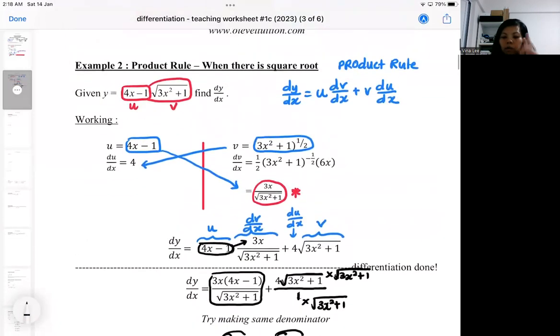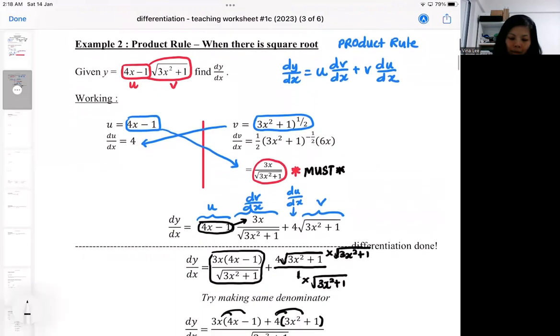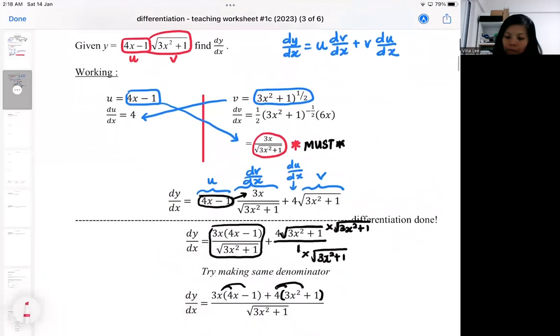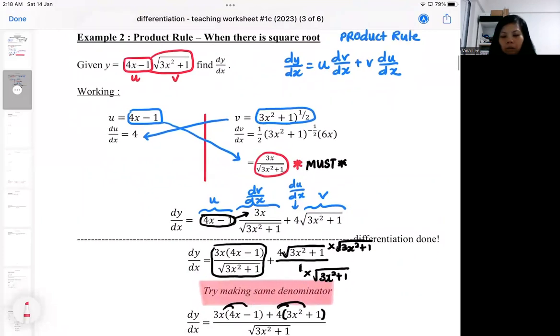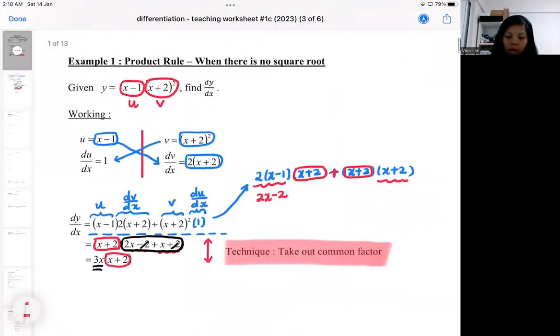Okay, so there are only two scenarios. One of them may contain a square root or both of them can contain a square root. In the case where they contain a square root, you must do your mini differentiation and simplify into a fraction. And then the technique is usually to make the same denominator, compared to the type of product rule where it doesn't involve a square root.